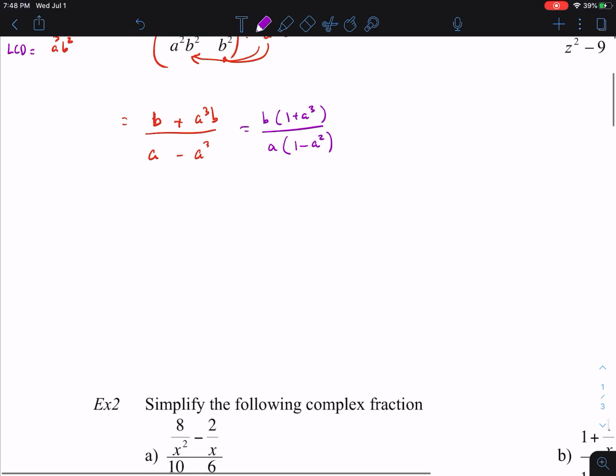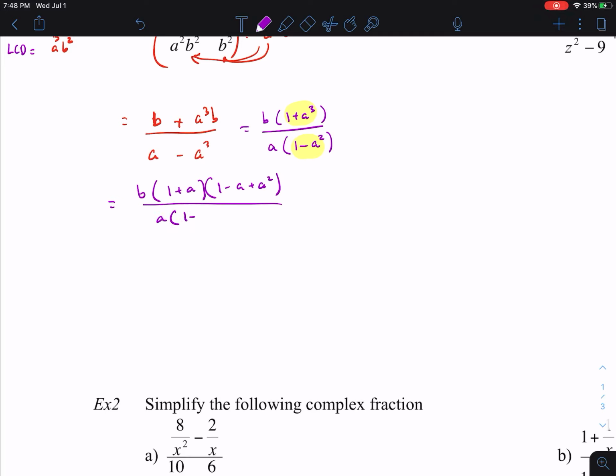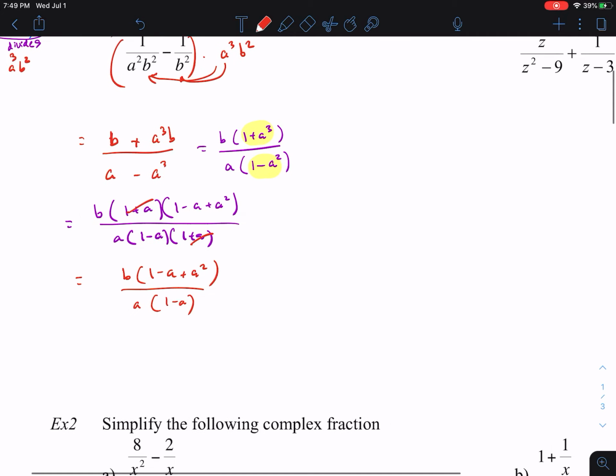We can even factor this further into 1 plus a times 1 minus a plus a squared, since this is a sum of cubes, and this is a difference of squares. So we say a times 1 minus a, 1 plus a. We have this cancel out. So that leaves us with b times 1 minus a plus a squared over a times 1 minus a. That is as far as we can go for this problem.